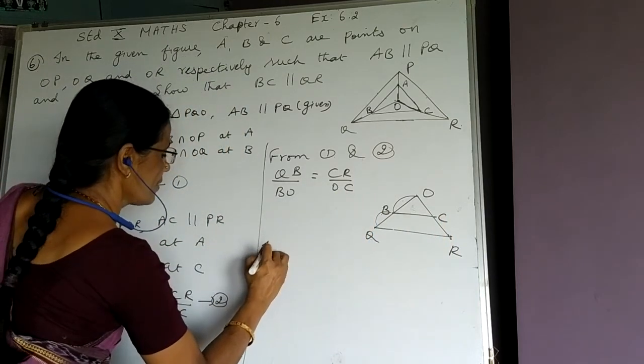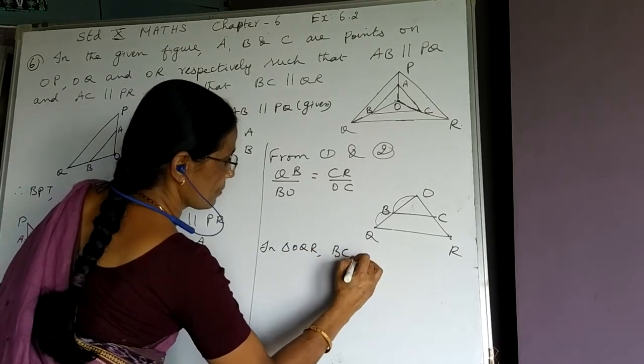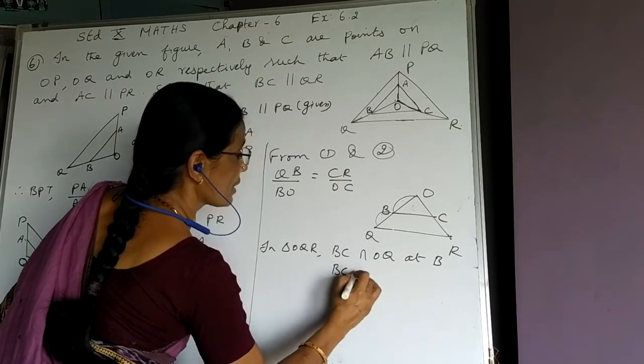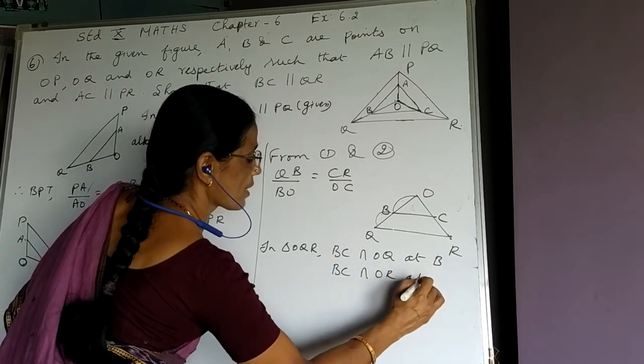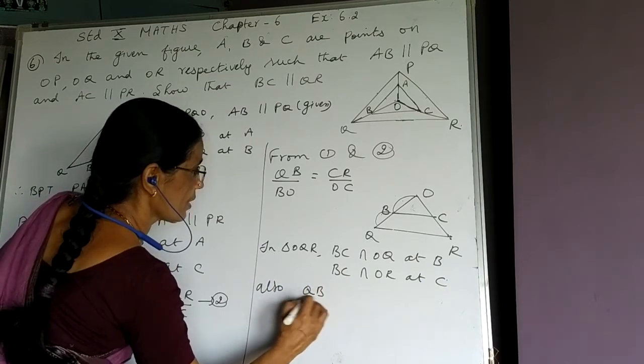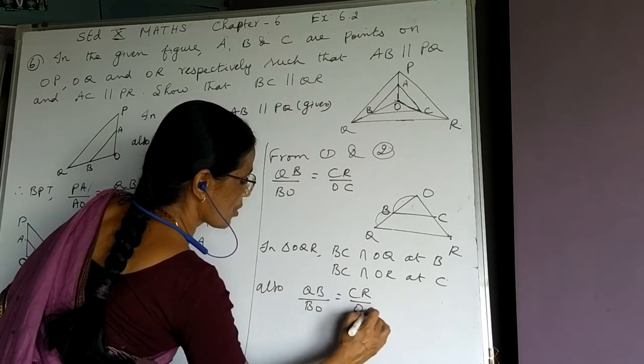So in this triangle OQR, BC intersects OQ at B and BC intersects OR at the point C. Also we have QB upon BO is equal to CR upon OC.